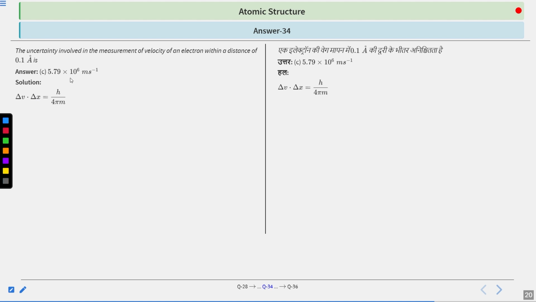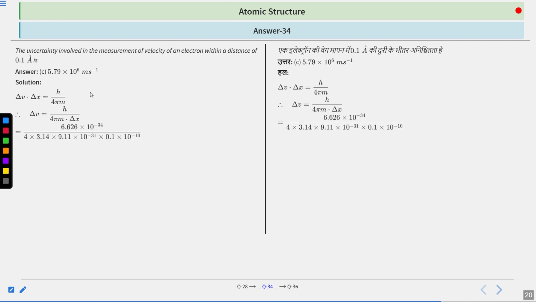Very simple. Or we can write delta V in this form also, h by 4 pi m delta x. If you put these values all along, 9.1 into 10 to the power minus 31, 0.1 into 10 to the power minus 10, and you just calculate this, it will give you 5.79 into 10 to the power 6 meter per second as your correct answer.